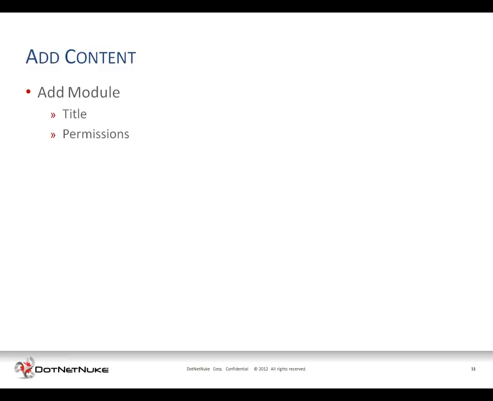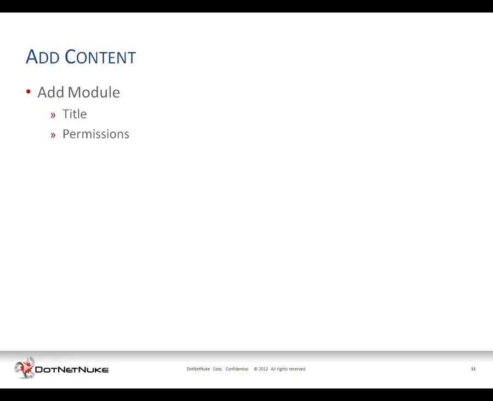So now that we have a page created, we need to go ahead and start adding content to that page. And when you add content to the page, you're going to do that through the use of a module. Now, there are a large number of different types of modules available within DotNetNuke. We're going to focus on the HTML module today.